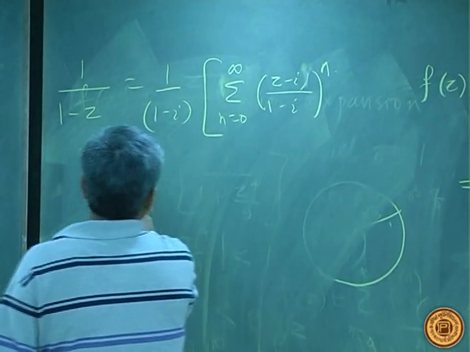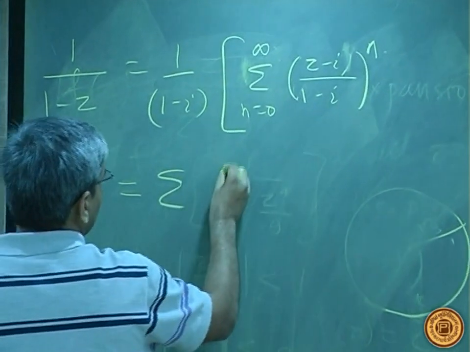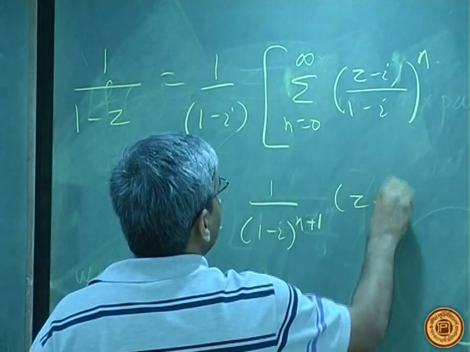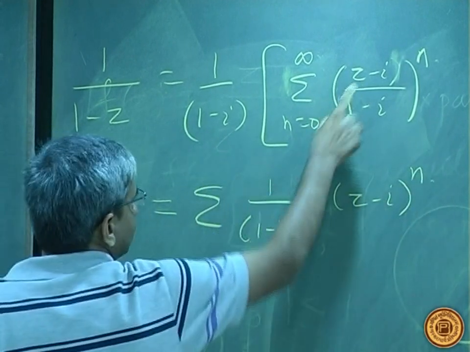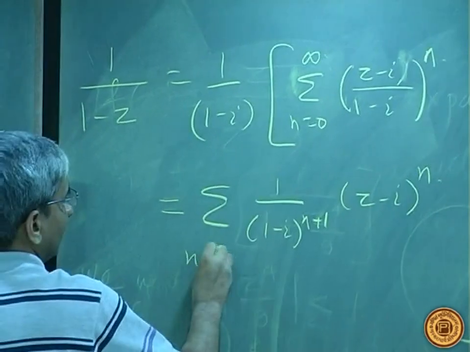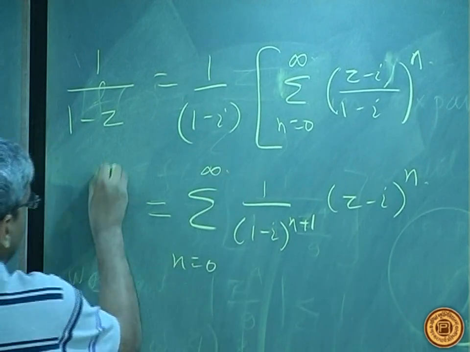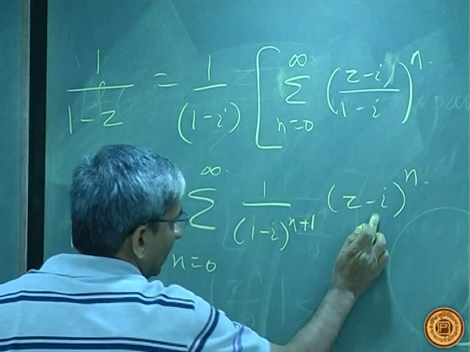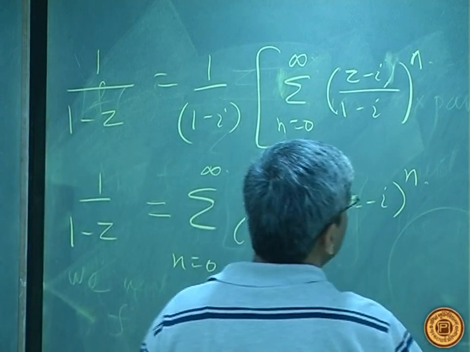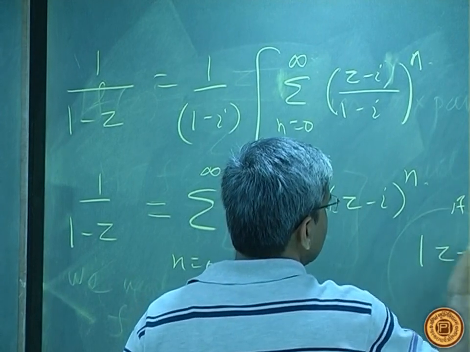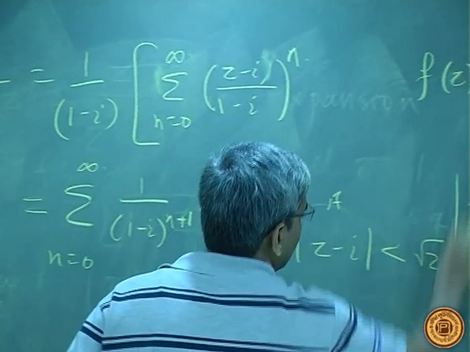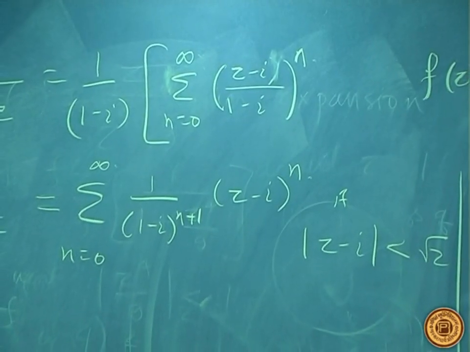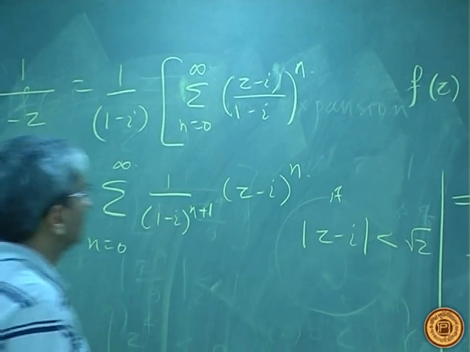That is nothing but summation 1 over 1 minus i to the power n plus 1 into z minus i to the power n, n from 0 to infinity, where I have taken the factor inside. So this is the Taylor series expansion of 1 over 1 minus z around i, valid if mod z minus i is less than root 2. This is how it is done.